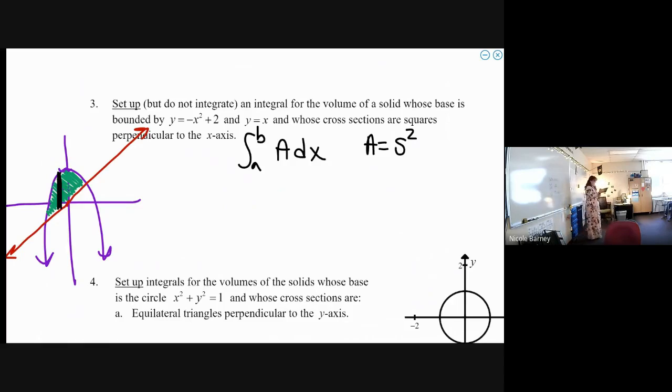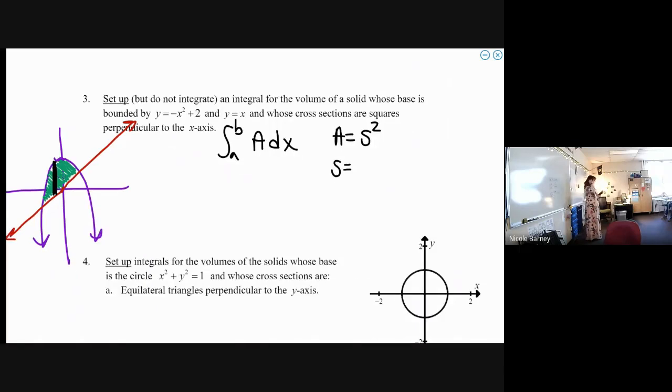Then I have to think, what is the side? It'd be top curve minus bottom curve. So top minus bottom: negative x squared plus 2 minus x. You can put that in the integral just like that.